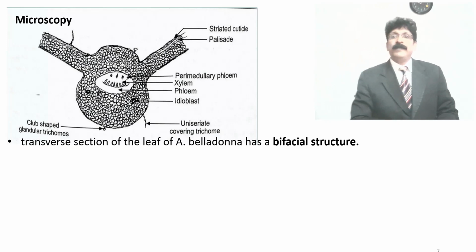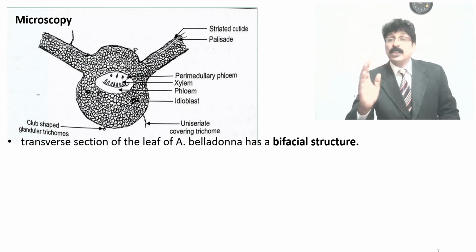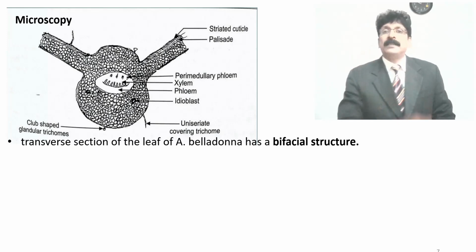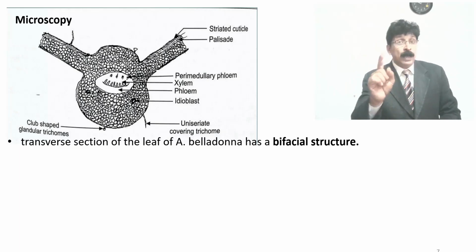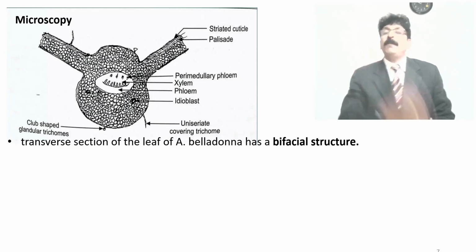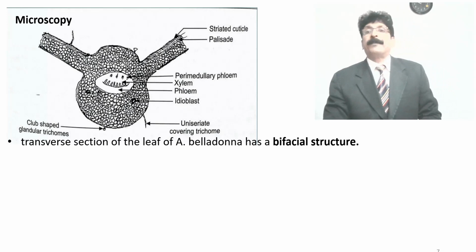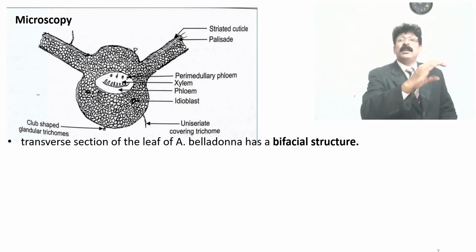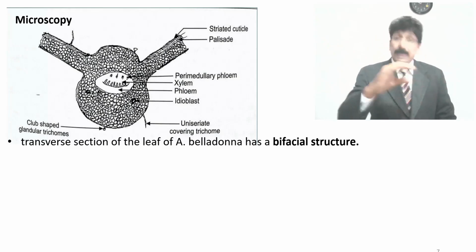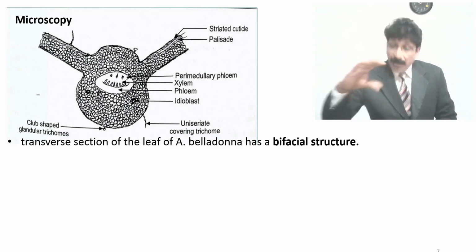That's why I used to ask the students which part they can identify in the microscope. Focusing the microscope and identifying the parts is very important before the diagram. So palisade cells are below the epidermis, with the striated cuticle next to the epidermis. Then come the palisade cells, elongated cells.